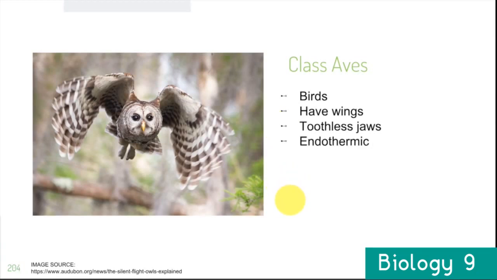They're also endothermic. So remember, that means they use heat that's produced by their own metabolism to regulate their body temperature. One of the main features is that these guys have got a hollow nerve cord, but that only remains in the adult bird.